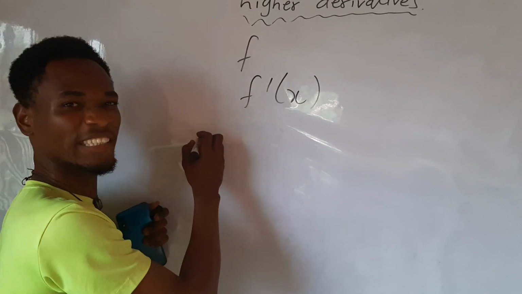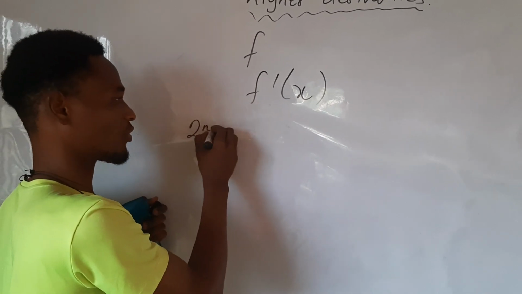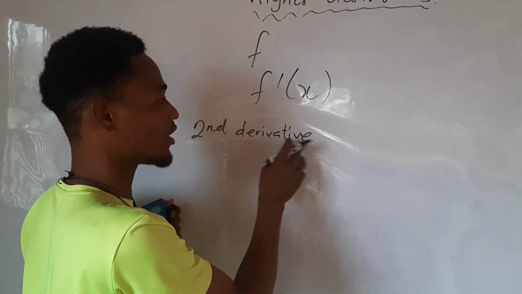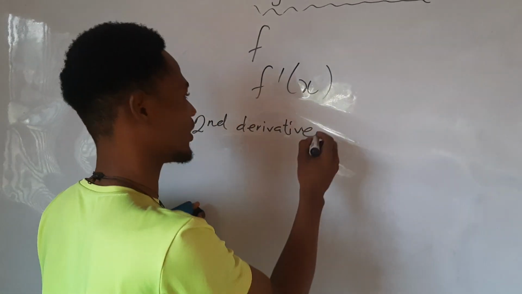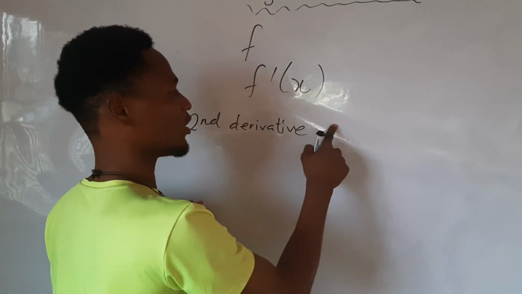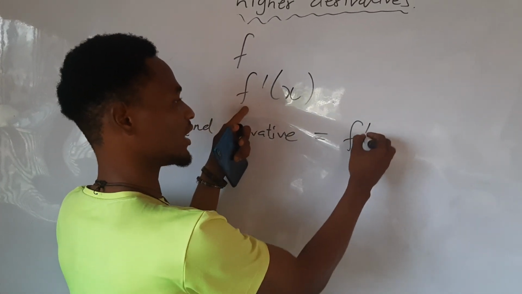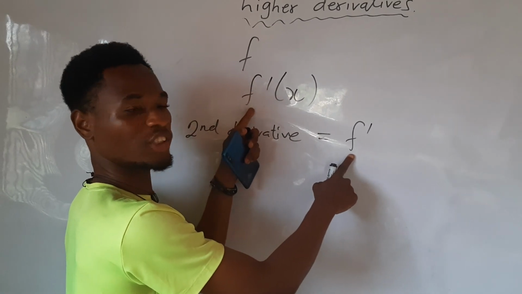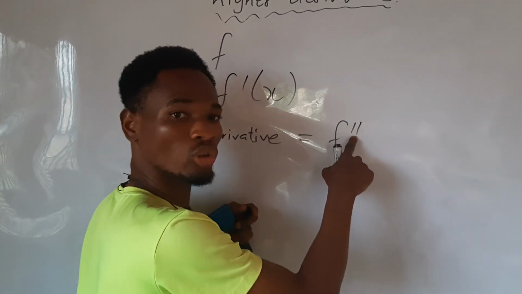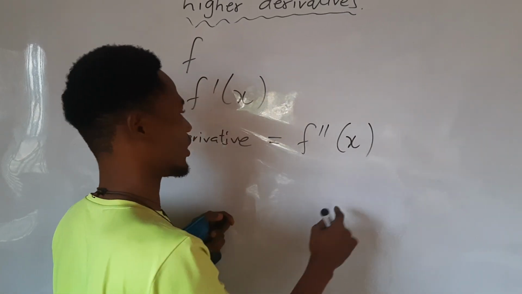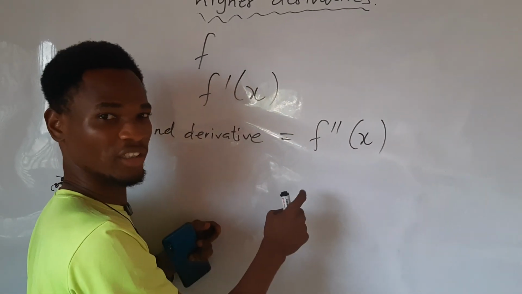If I want to find the second derivative, the second differential, you bring another prime, that's the strokes, then x. So this is the second differential.